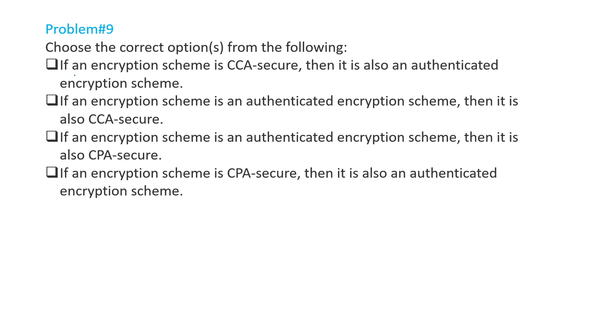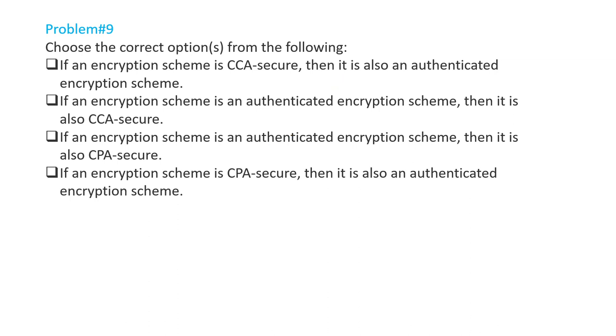Choose the correct options from the following. Okay, here comes the authenticated encryption scenario. So it is saying that if an encryption scheme is CCA secure, then it is also authenticated encryption scheme. This is not true.